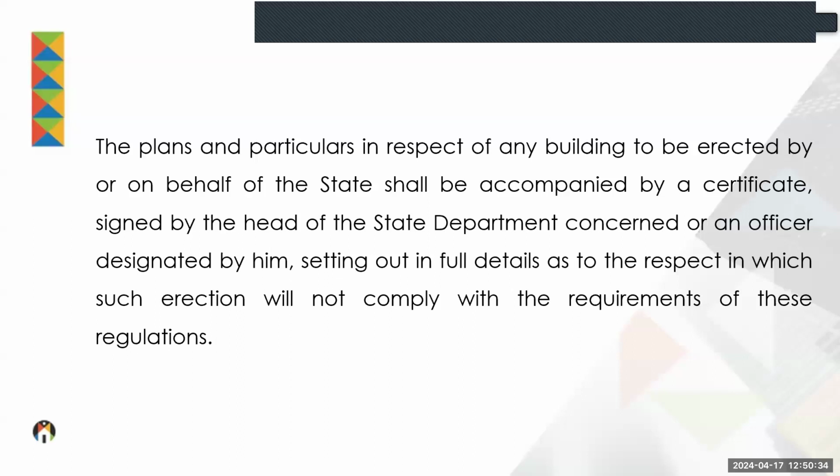But if the state building is in certain aspects not going to comply with an aspect of the national building regulations, let's say it's a school, the Minister of Education, or a hospital, the Minister of Health, then they must issue a certificate to the local authority explaining why they will not be able to comply with the requirements of these regulations.